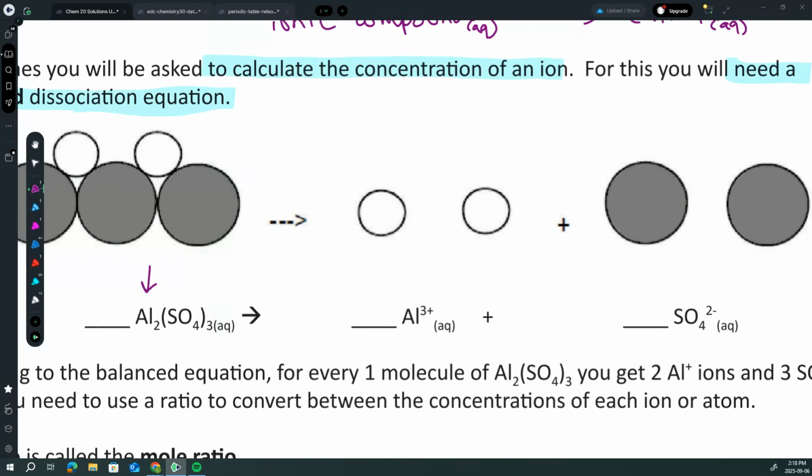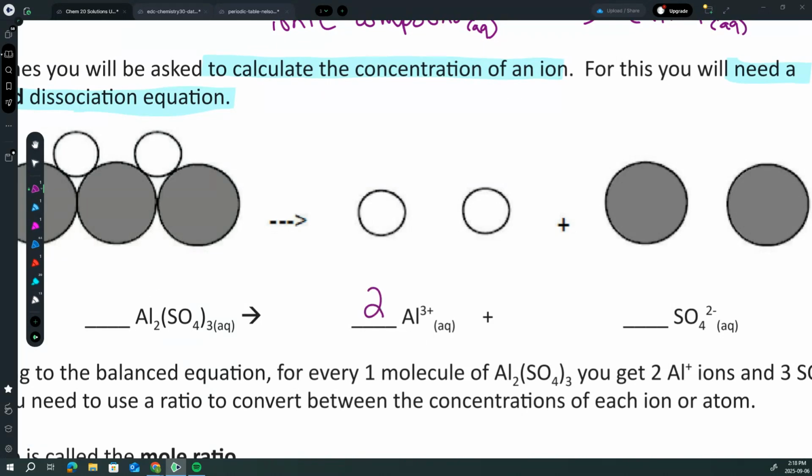Arbitrarily, I'm just going to start with aluminum here, and I notice that we have 2 aluminum ions going in, but right now we only have 1 coming out, so we need to fix that.